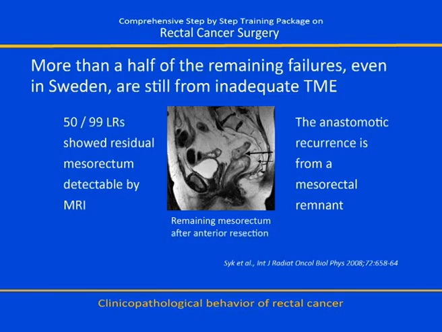Our colleague and friend at the Karolinska in the radiology department there, Lennart Blomqvist, reported that more than half of the local recurrences within Sweden referred to him for MRI analysis in fact showed not only the local recurrence, but a residue of mesorectum leading to that local recurrence.